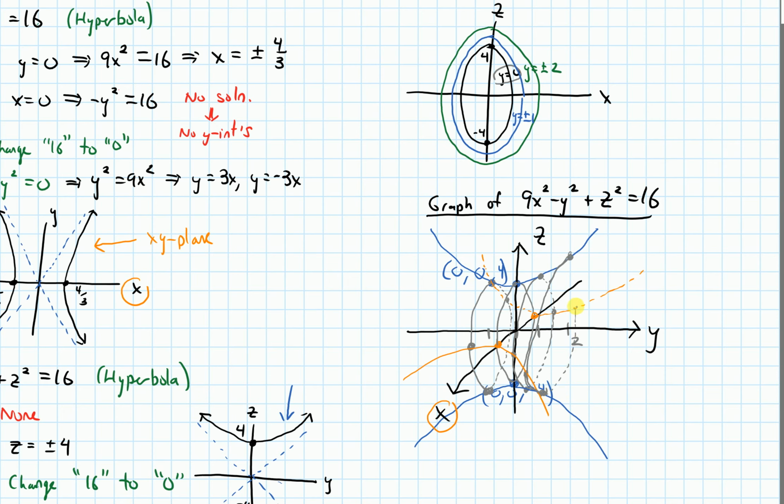I'm going to hit the orange hyperbola, keep drawing the backside, and I get this. And that's my general shape. It looks like I have these ellipse cross sections that get bigger and bigger the further out on the y-axis that we go. So just as a review, this shape is called a hyperboloid of one sheet.